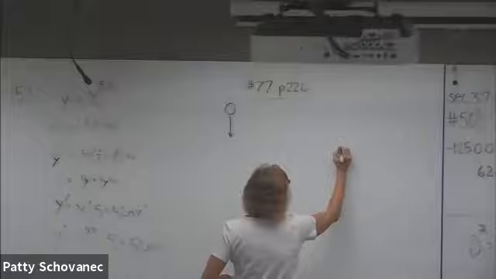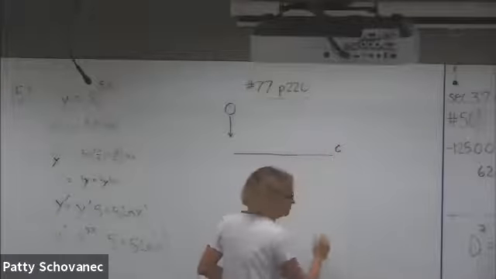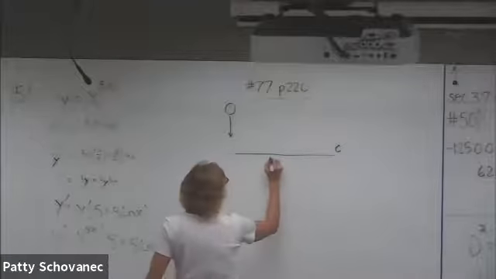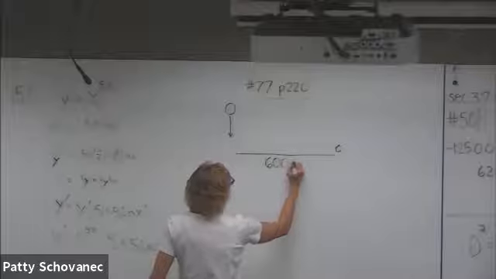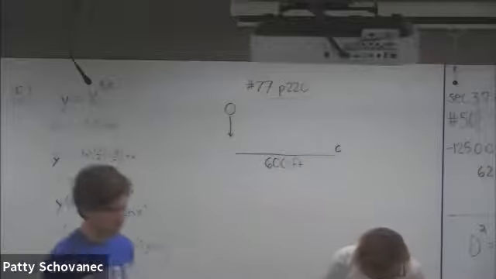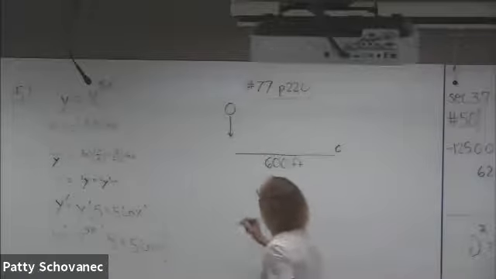Over here is a camera. And they gave us the distance that the camera is away from where it's coming down. The building is 600 feet away. The ball is falling at a rate of 20 feet per minute.